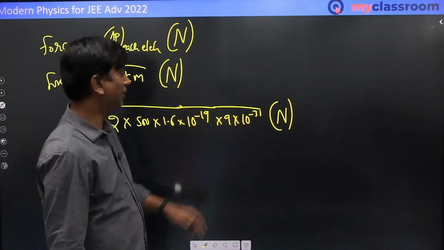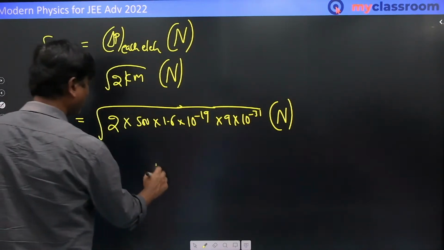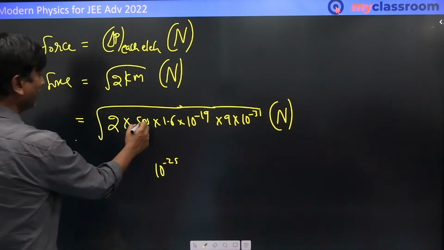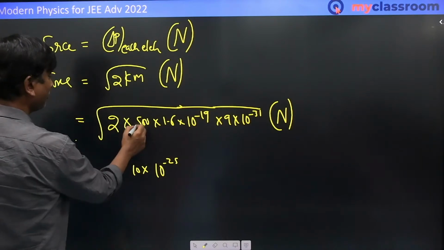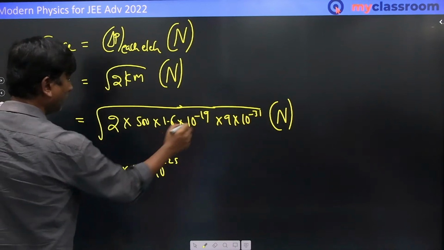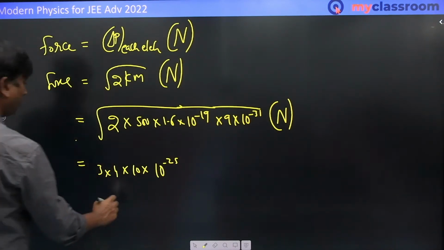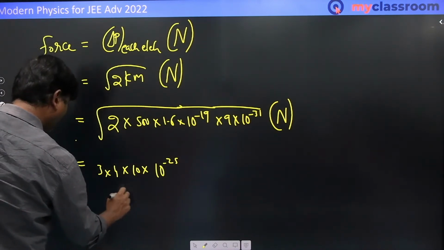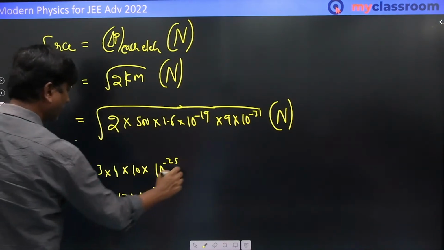This will become 10 power minus 50, since minus 19 minus 31 is minus 50. Coming out of the root as 10 power minus 25. Next, 10 squared comes out as 10. Next, 5 into 2 is 10, 10 into 1.6 is 16, 16 comes out as 4 and 9 comes out as 3. So 12 into 10 power minus 25, which means 1.2 into 10 power minus 24, is the value of this root term.